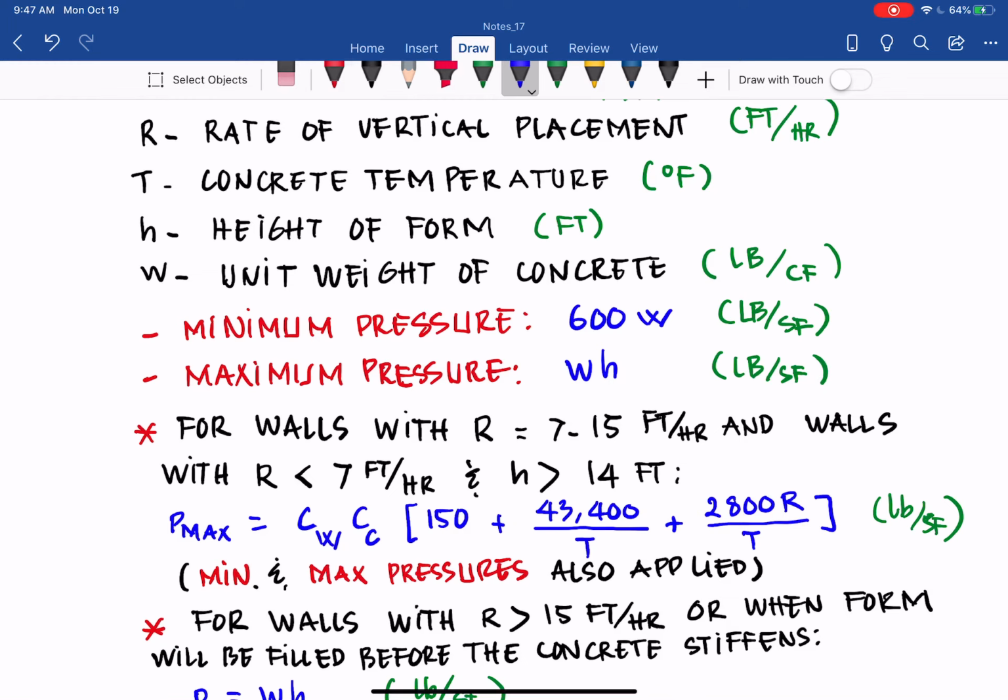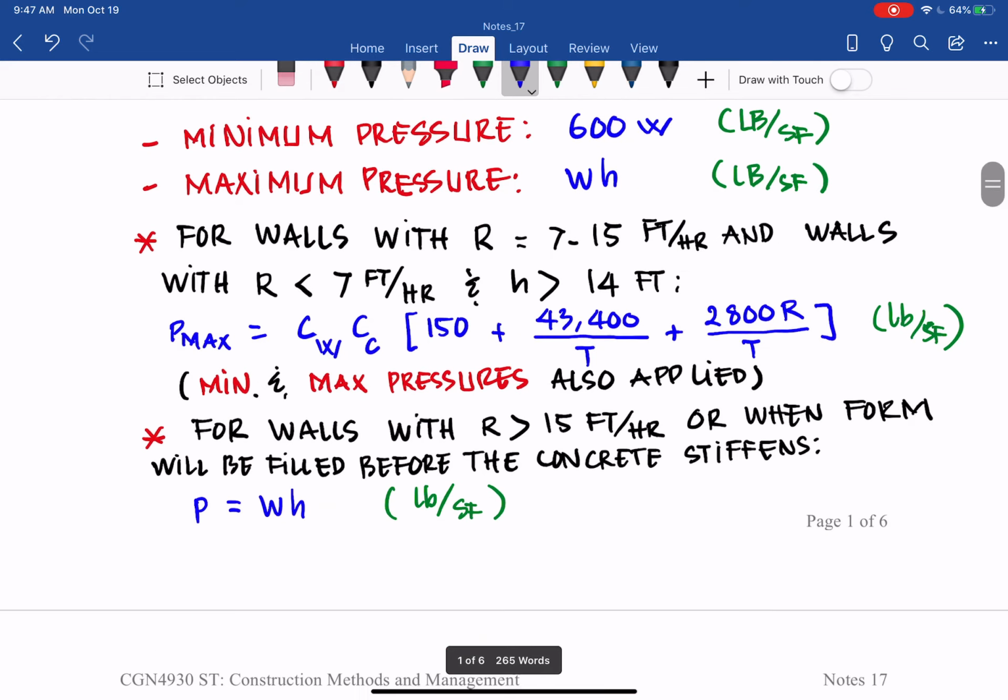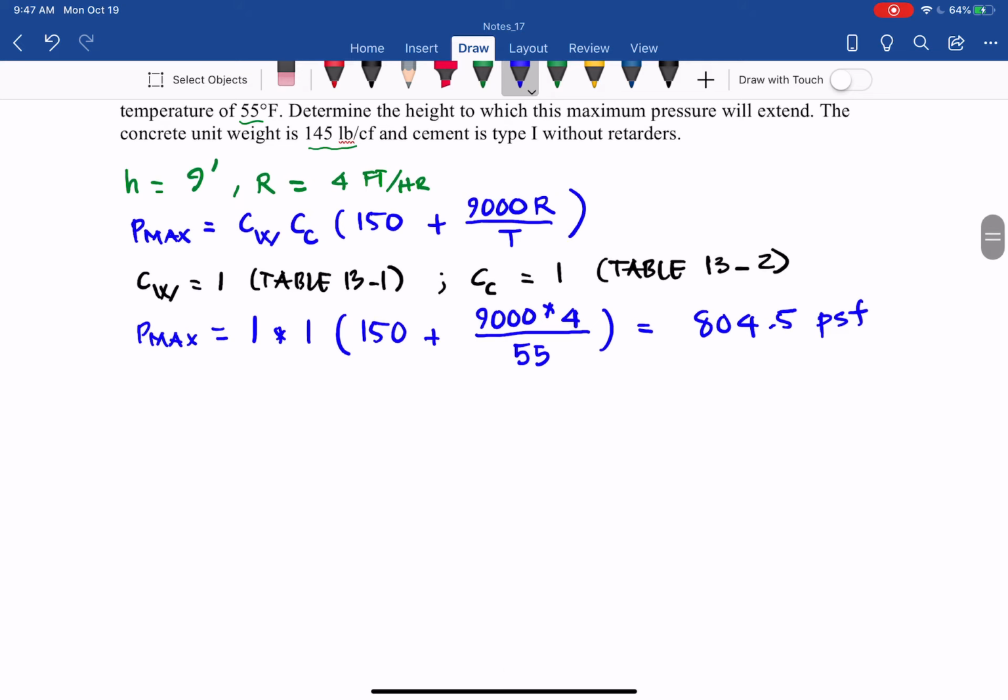So you see the wall height, the pressure will be wH, that you learn in fluid mechanics, but this concrete is like semi-fluid, so it has to be less than that, or at most equal to wH.